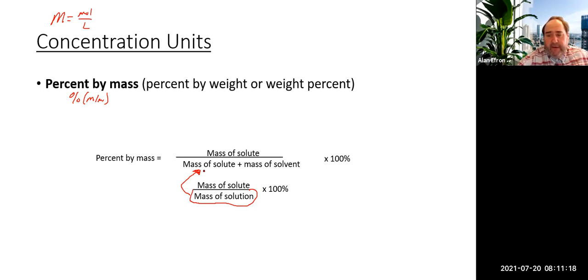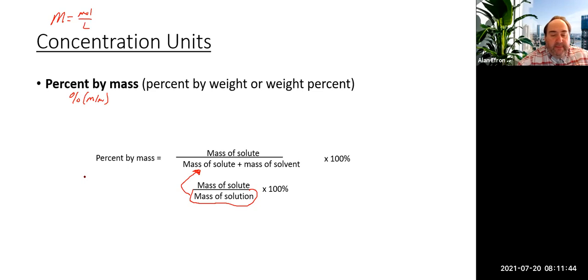And it's a very common error that people make to just divide by the mass of the solvent alone. So you want to make sure that you get the entire solution on the bottom and not just the mass of the solvent.